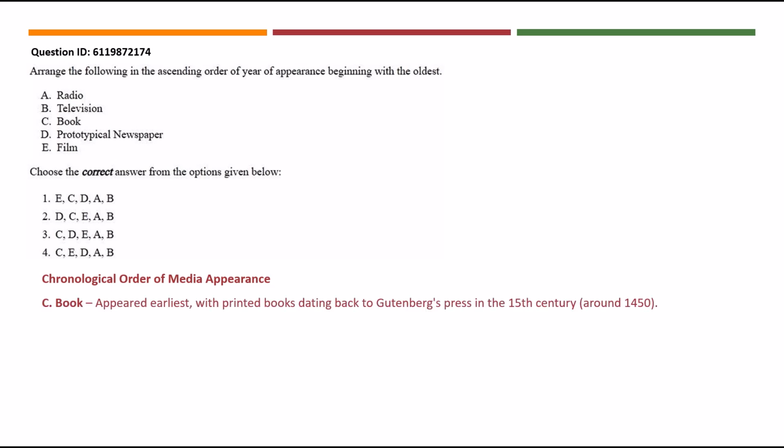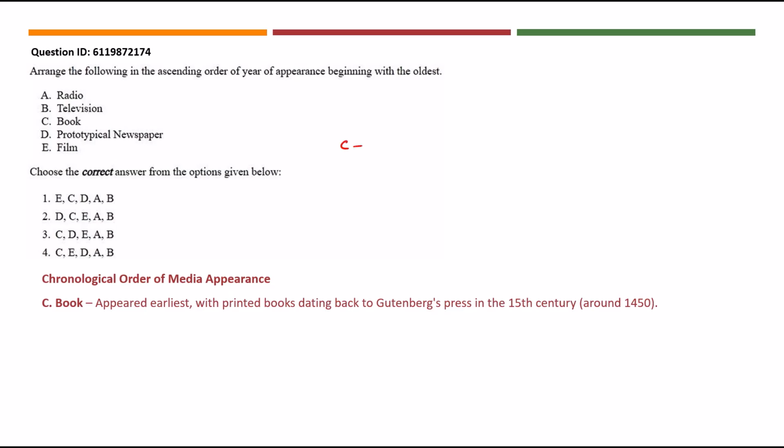The chronological order of media appearance starts with the book, which appeared earliest with printed books dating back to Gutenberg's press in the 15th century. Earlier, printing was not done regularly like a newspaper, so it started with a book. So the book will come first.